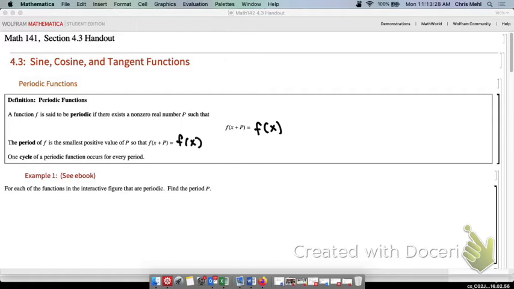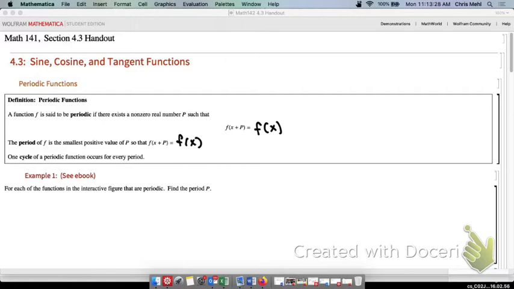And one cycle of a periodic function occurs for every period. Basically a cycle is the part of the graph that is being repeated over and over again. And whatever the period is, that would be the width of the interval corresponding to that cycle.